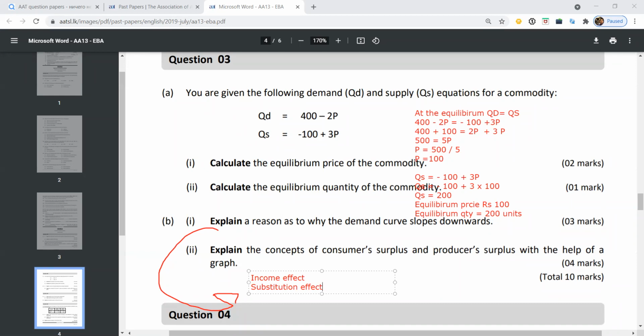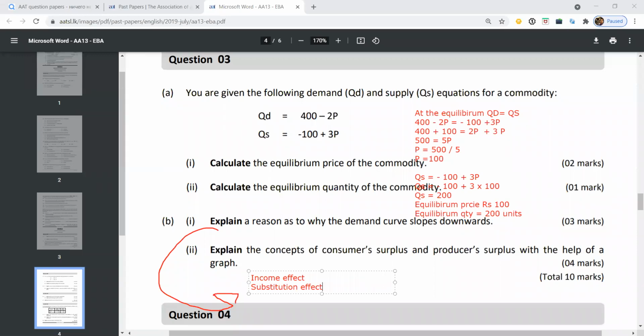First of all, we have to say demand curve slopes downward due to the inverse relationship between price and quantity demand. It is caused by the income effect and the substitution effect. Right. Then we have to explain both.